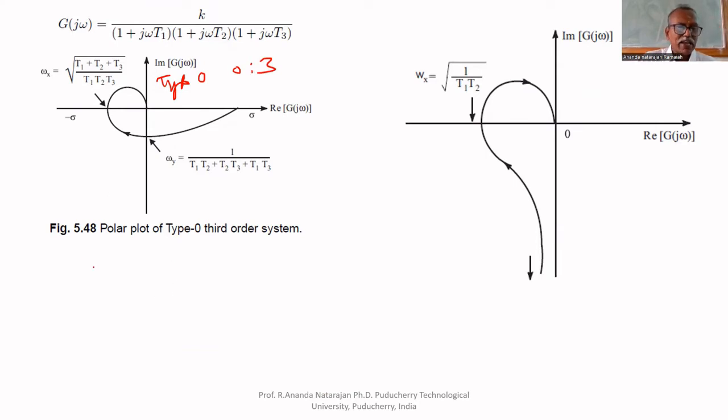So suppose I am having a type 1 system. G of j omega equal to K upon j omega (j omega tau 1 plus 1)(j omega tau 2 plus 1). Hereafter, I won't write in the S domain; directly, I will write in the frequency domain.